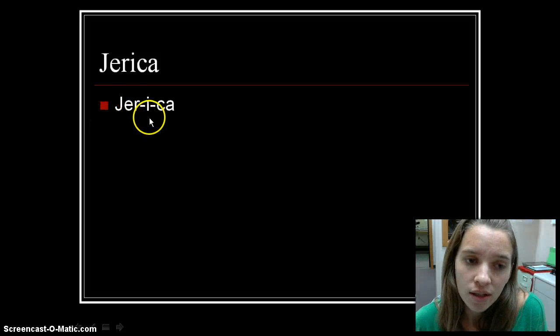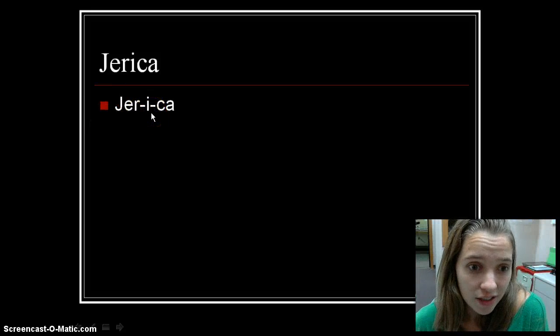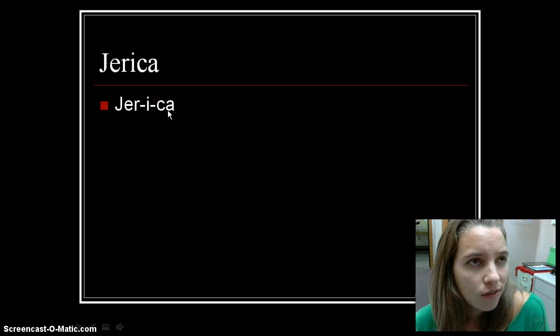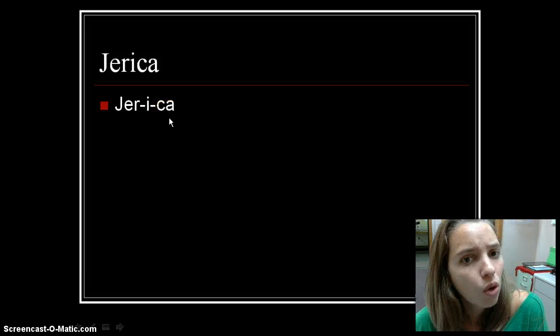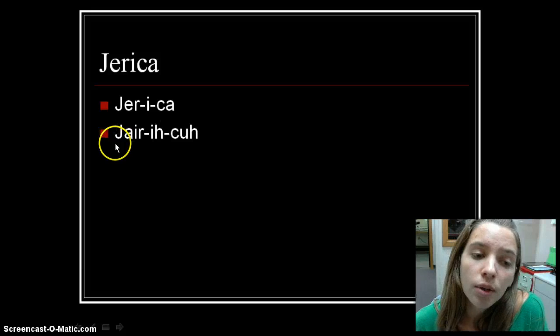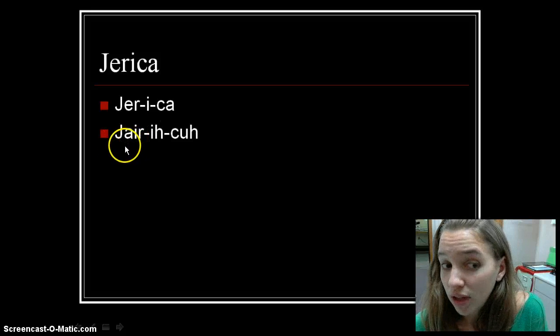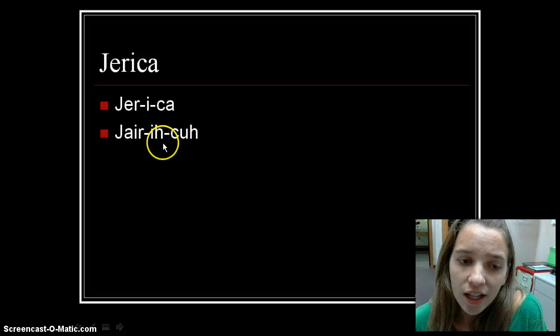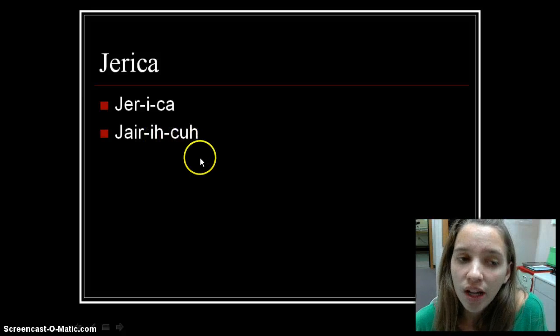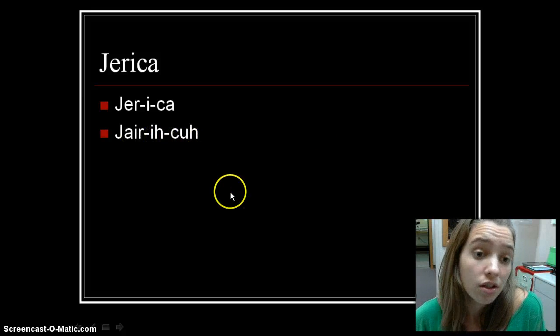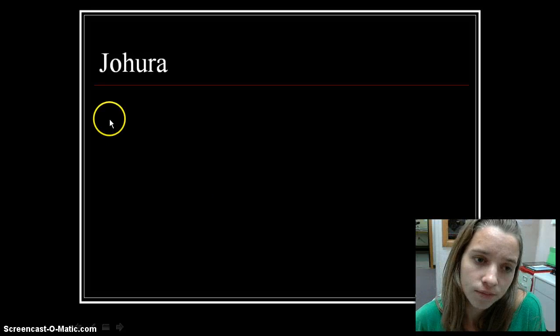That's the sound it makes. And I by itself is I. And C-A by itself isn't necessarily ka, it's more ka. Here we have jer, rhymes with hair, I-H, ka, C-U-H, and that spells it out so that there's no chance of mispronouncing it.